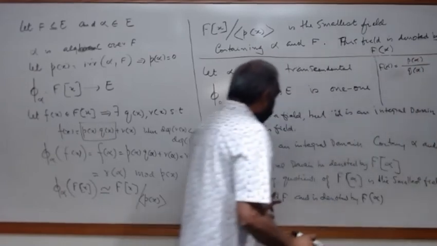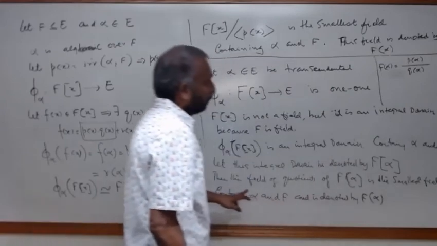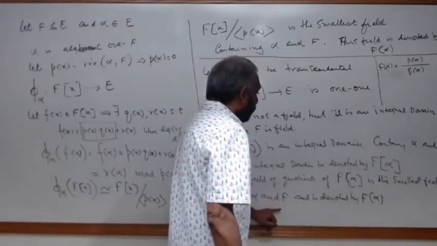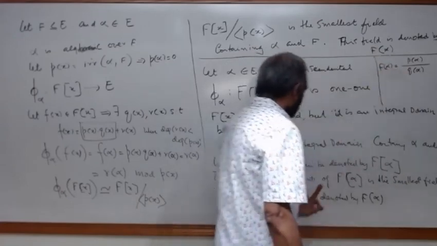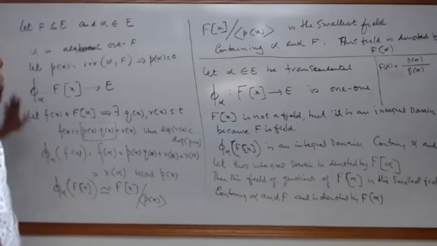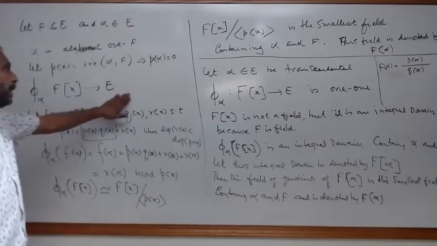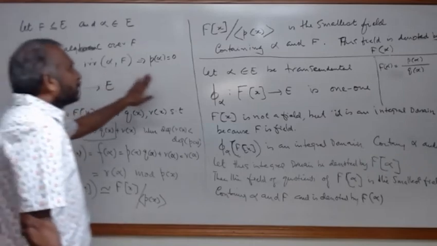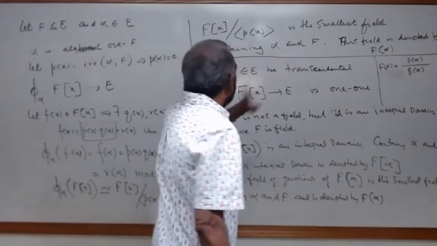It's a field of quotients. So you represent an element in F(alpha) by a quotient of two elements from the integral domain. So in either way, we found that there is a smallest field containing alpha and F.